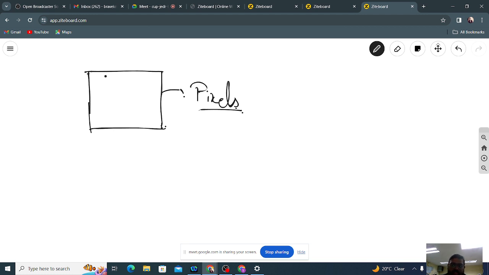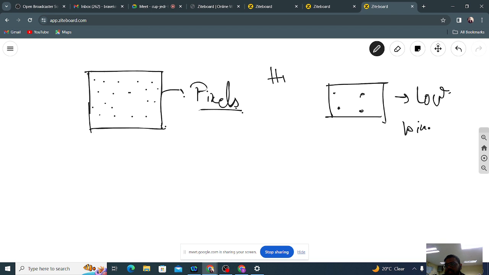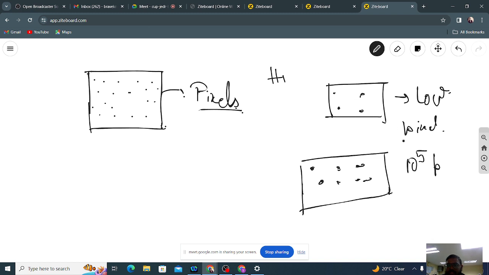We just process it with some particular pixel values. So it will have a lot of pixels inside this, and the higher the resolution of these pixels, the better. Here, we are taking 4 pixels and trying to represent the whole frame, so we can say that is a low pixel. And suppose we have a lot of pixels here, like 10 to the power 5 pixels to represent the same frame. So it will be a high pixel.